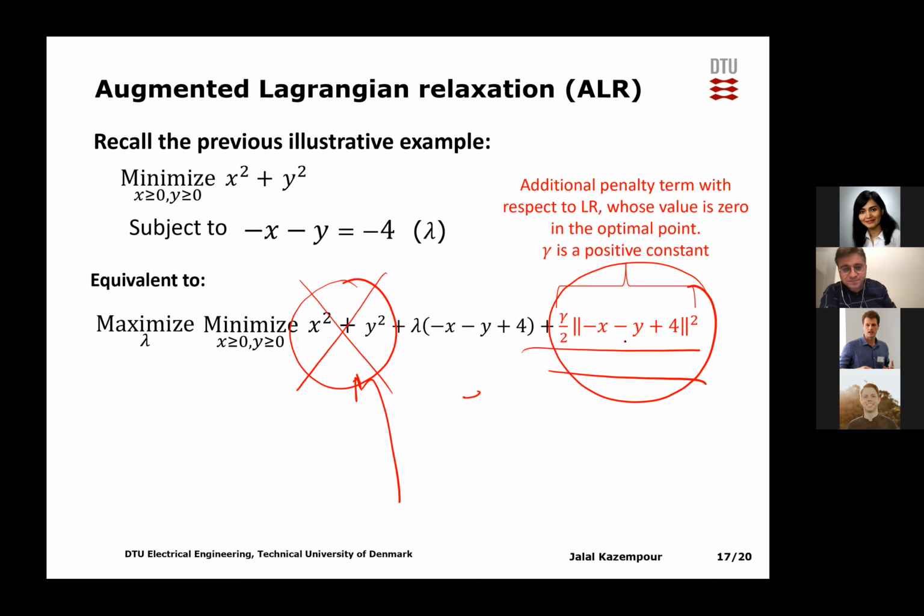Yes, Drake, please. So that makes sense that it would be 0 at the point of optimality, but there are other points that are not optimal where the constraint could also be met. So then wouldn't you be guided down a slope towards those points as well? Can it happen? If it happens, then our problem is not convex, right? It means that we have multiple solutions and local solutions.